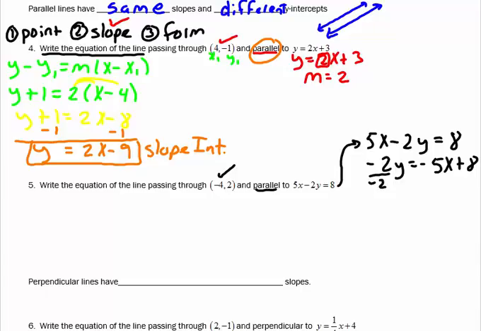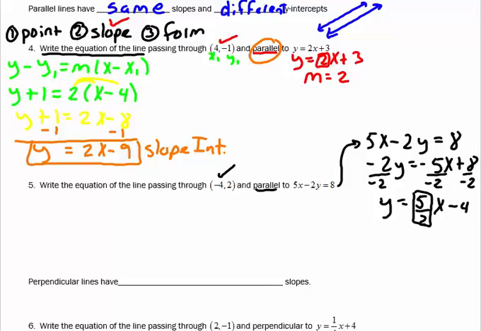I'll divide everything by negative 2, and so y is going to equal 5 halves x minus 4. Reason being is because a negative divided by a negative is a positive, so we end up with a positive 5 halves, and 8 divided by negative 2 is negative 4. So we know the slope of this line is 5 halves. That's the slope we will use for our line.